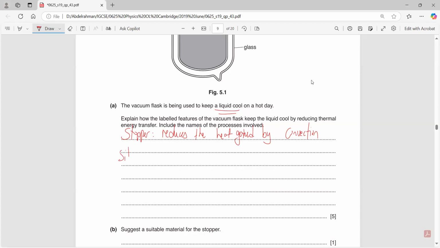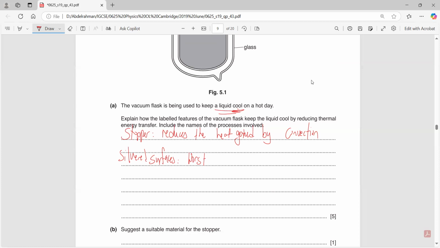What about the silvered surfaces? What do they do? Silver, shiny white is the best or the worst? They are the worst. But in this case, are they the worst absorbers or the worst emitters? Think about it. This is a cool liquid.